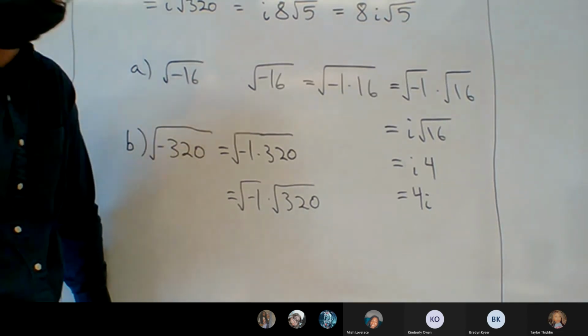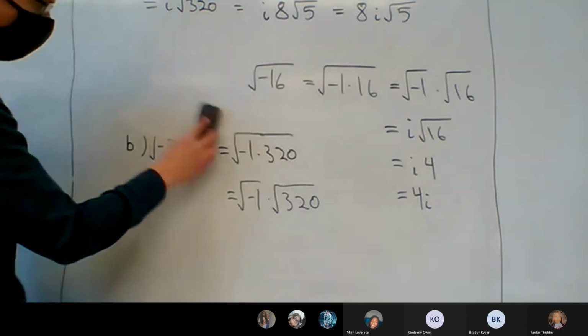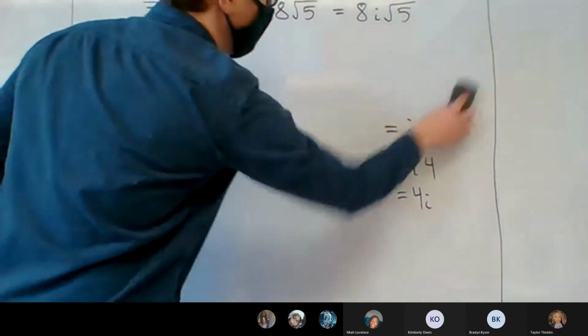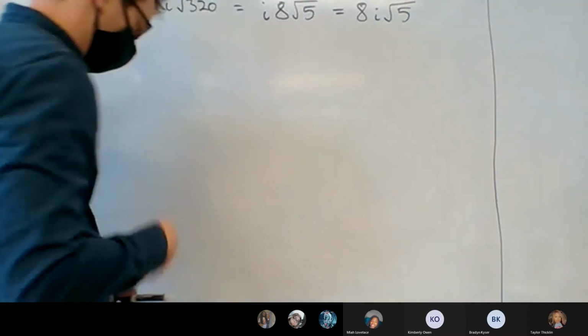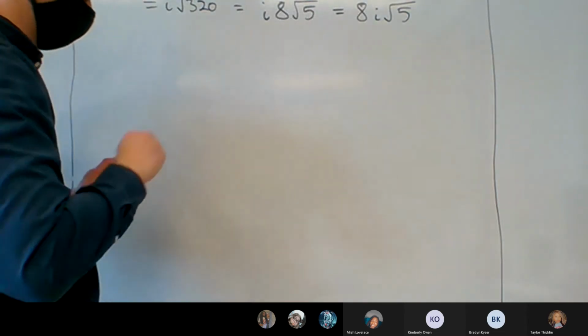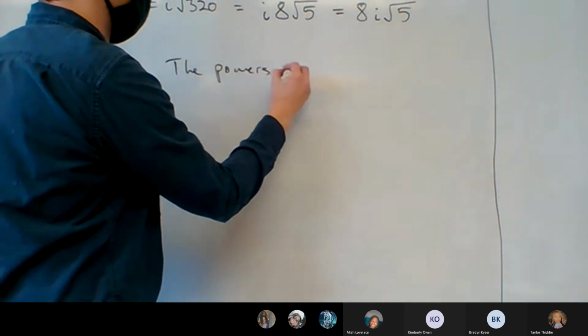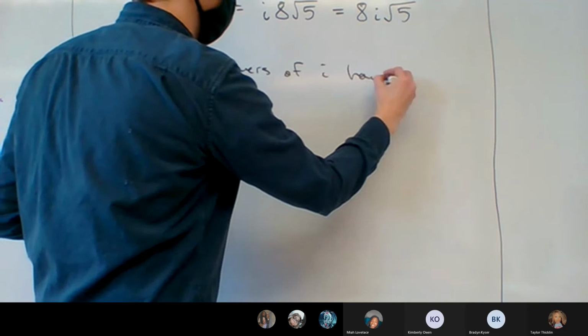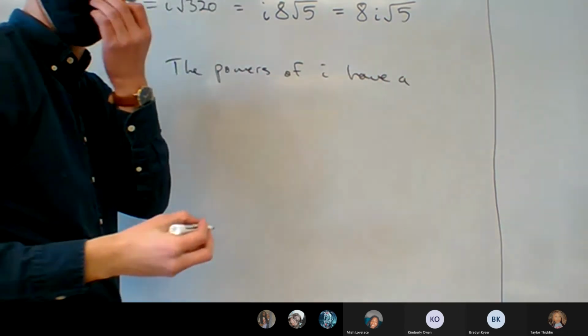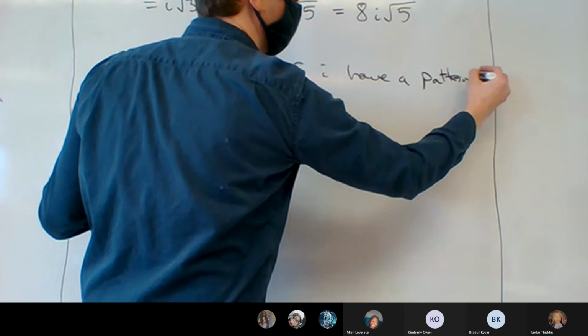One last thing about i, and then we'll go. The powers of i are cyclic, meaning that they repeat. When I say powers, I mean exponents. They have a pattern.